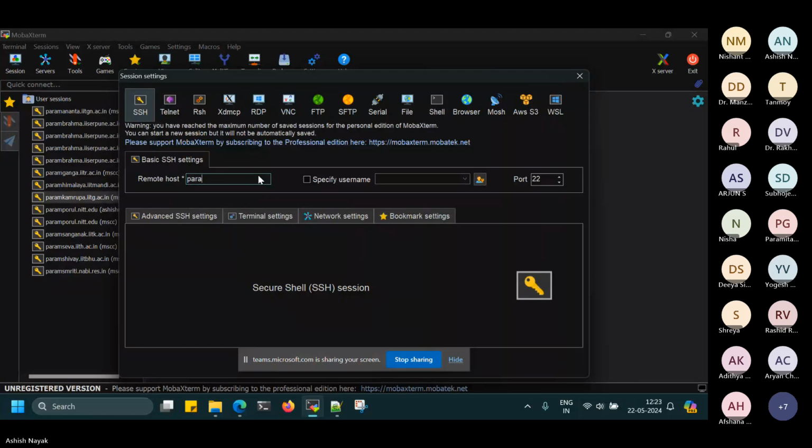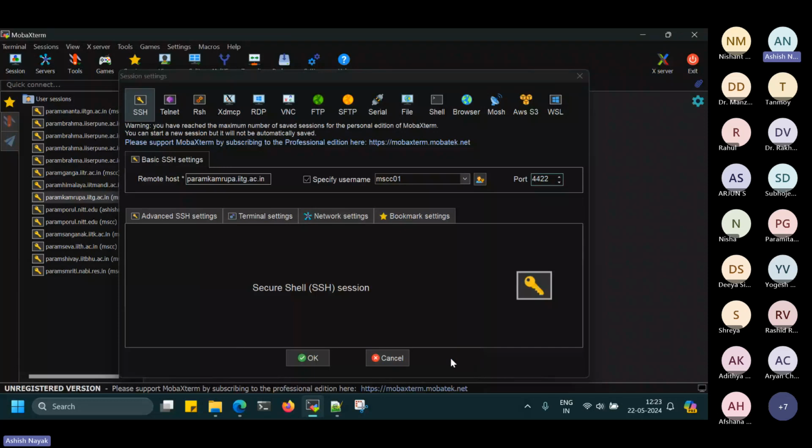Here you can type param kamrupa dot iitg dot ac dot in. Then specify the username that has been given to you, choose any of the usernames provided, and enter the port 4422. After this, click OK.